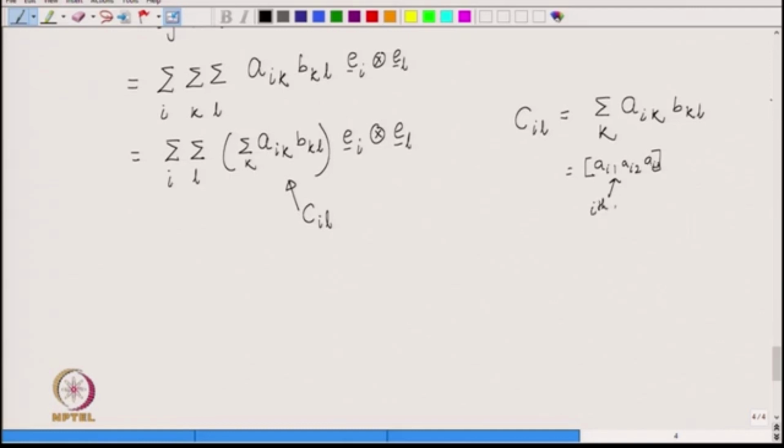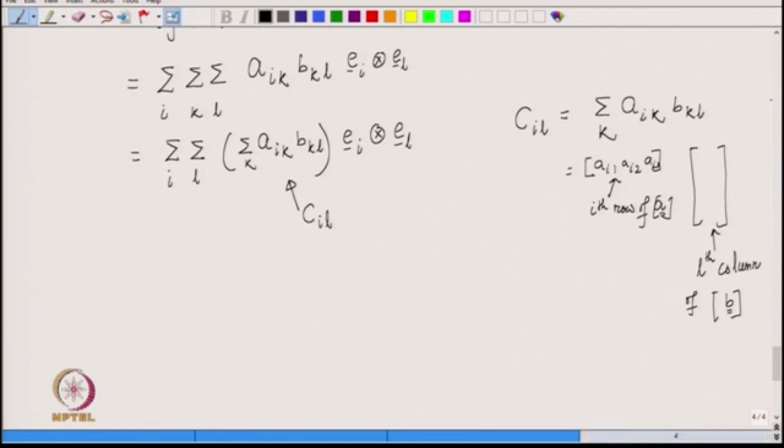So, that is the ith row of the A matrix multiplied with the lth column of B, is not it?